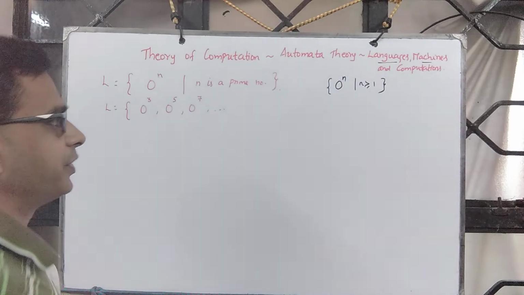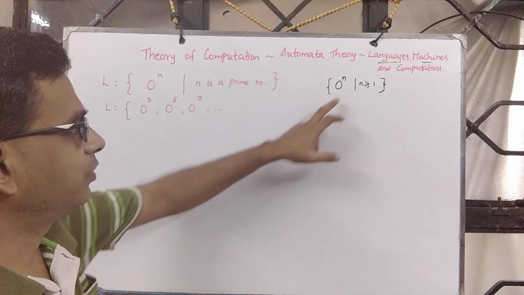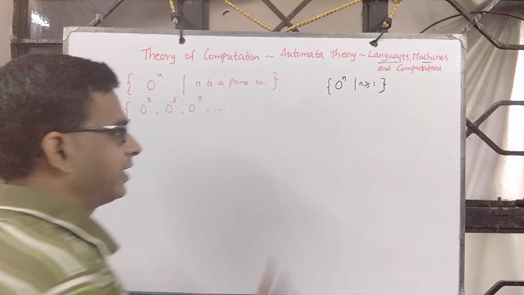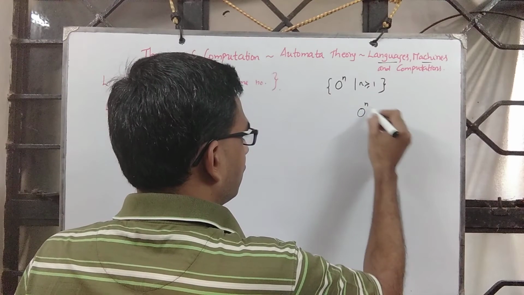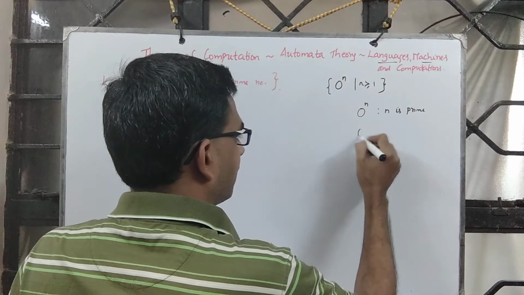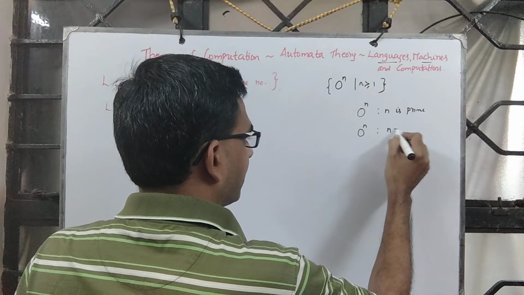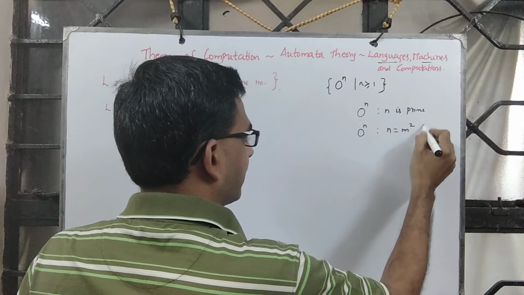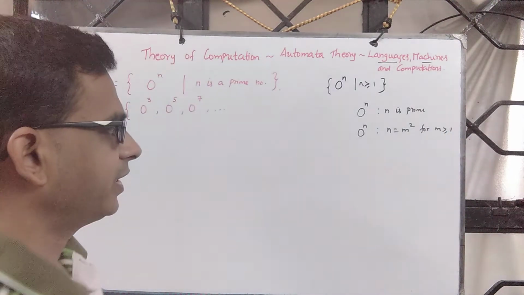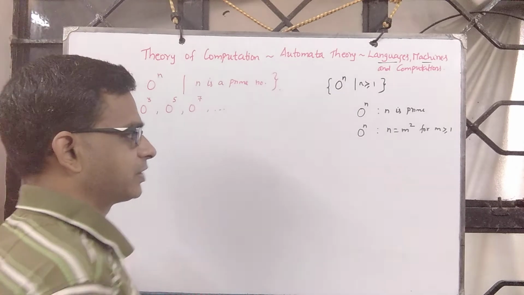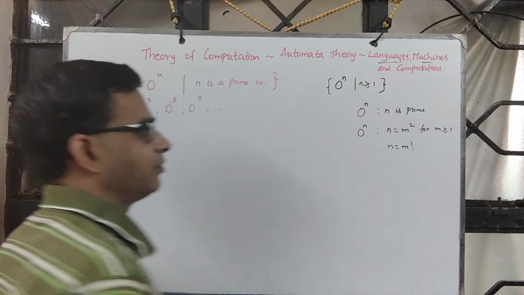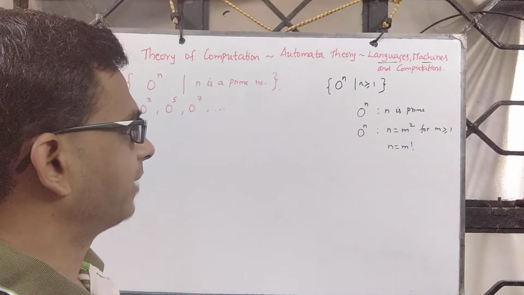But the moment you have a constraint saying 0 power n where n is a prime, or 0 power n where n equals m square for m greater than or equal to 1, meaning n is a perfect square, or n is equal to m factorial for some m.